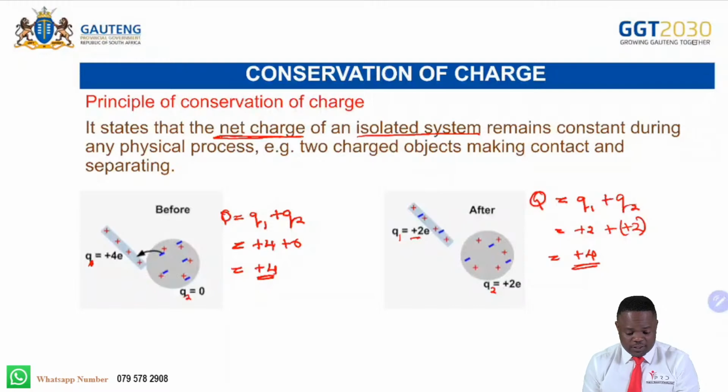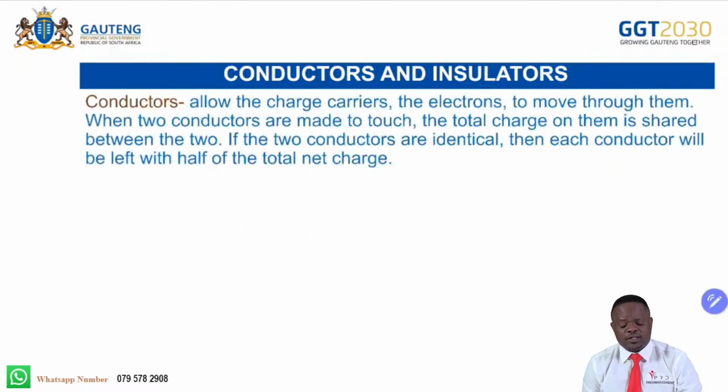Okay, so let us proceed with our principle of conservation of charge. Right, so now if you are dealing with conductors, two conducting materials, remember, a conductor is going to allow electrons to move through them, isn't it? So now if we bring two conductors and they touch each other, they are going to share the charges that they have.